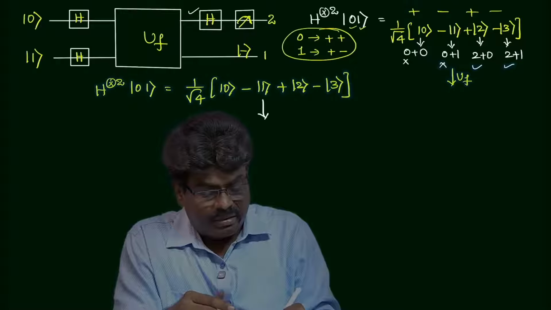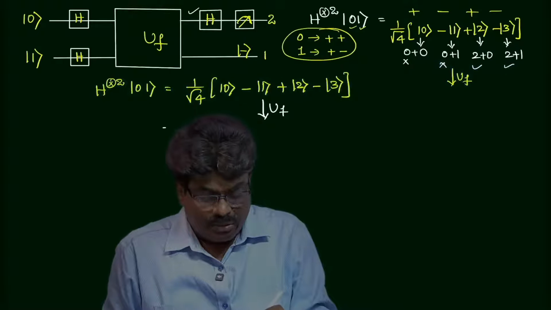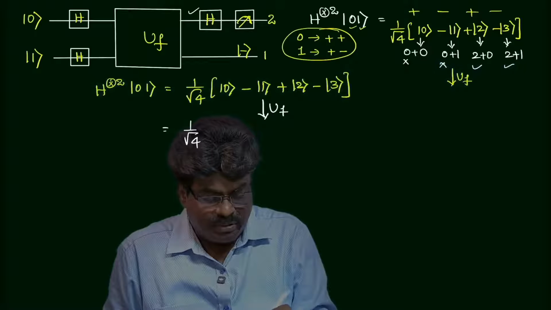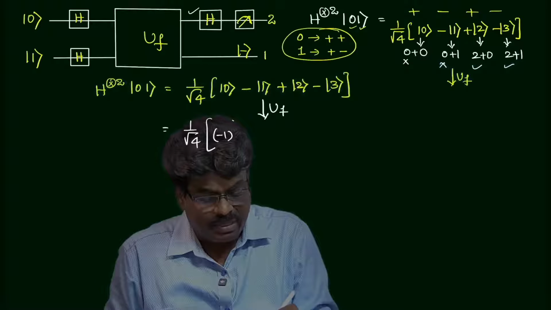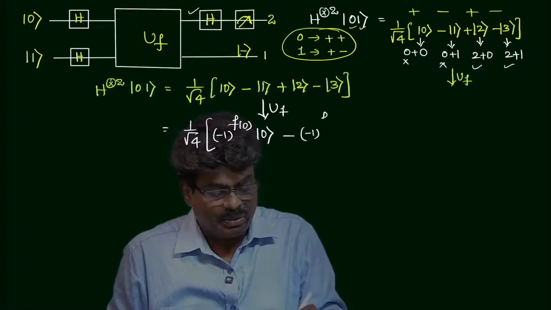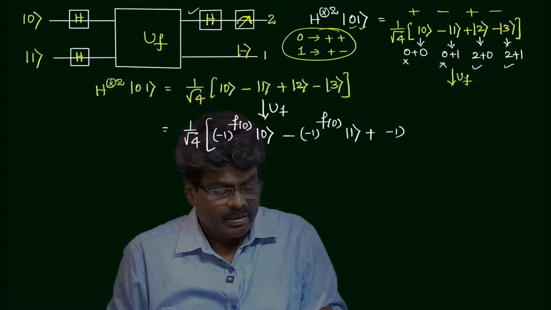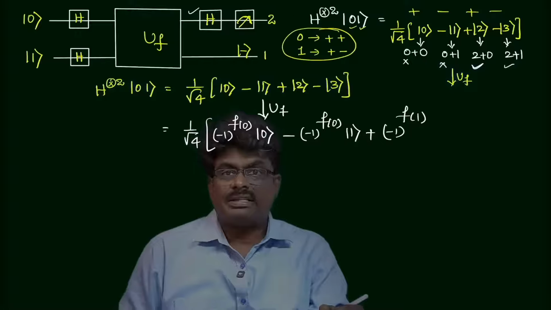Now here we are operating this UF. So 1 over root 4, so here control bit is off, that's why I'm taking minus 1 whole power f of 0 0, minus, again here also off, minus 1 whole power f of 0 1, plus minus 1 whole power f of 1 0, because it is on, here it is on.